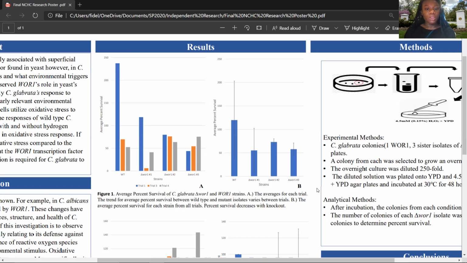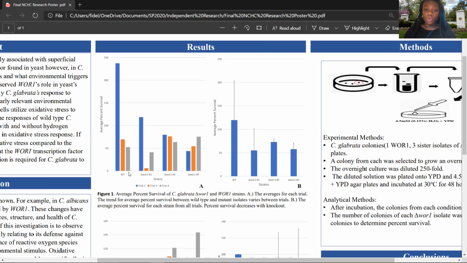However, there were variations between trials. For example, if you look at trial 4 in the delta WAR1 isolate number 3, it has a higher percent survival than the wild type in that trial. However, the other trials do not show that same trend.